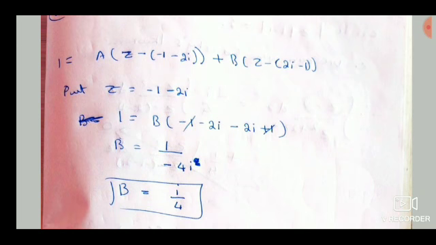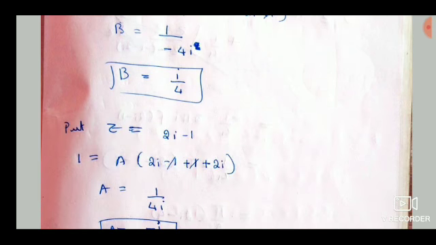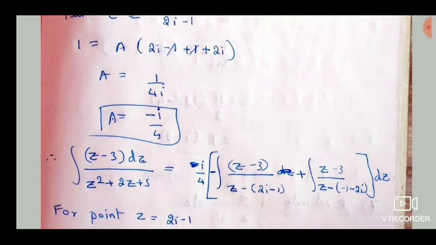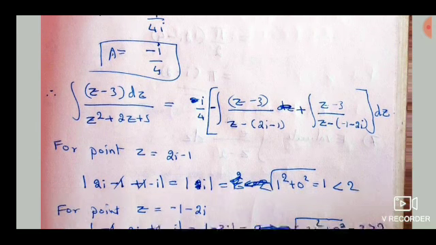This is normal partial fraction and simplification. Put z is equal to minus 1 minus 2i, so b is equal to i by 4. Substitute z is equal to 2i minus 1 and you will get a is equal to minus i by 4. So by using partial fraction you will get this.